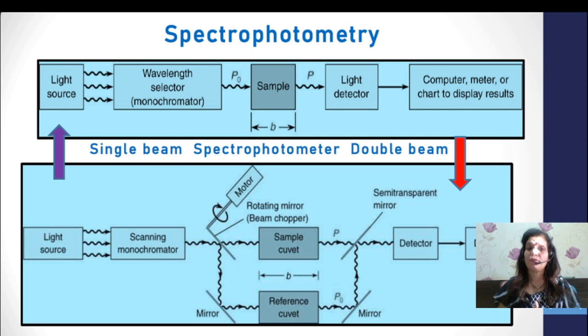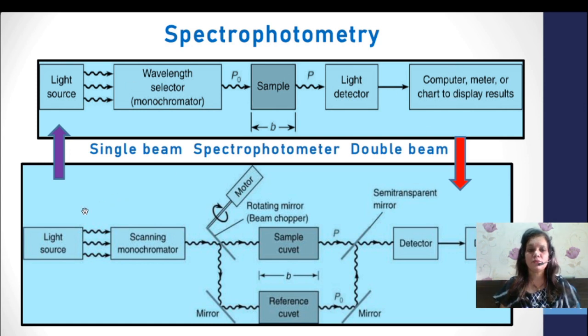Can you tell me the wavelength range? 400 to 800 nanometer. Colorimetry and spectrophotometry: 200 to 400 and 400 to 800. So the block diagram is light source, wavelength selector, sample, detector and readout device. This is single beam.